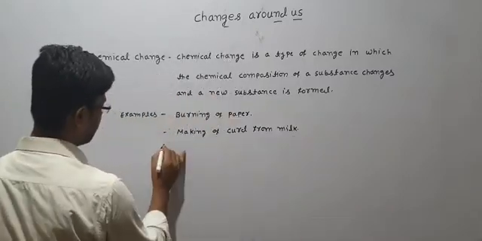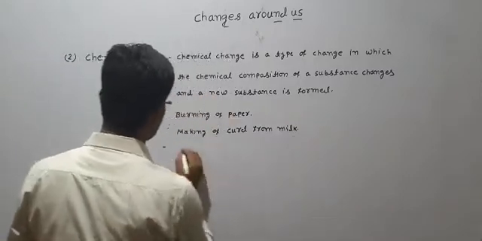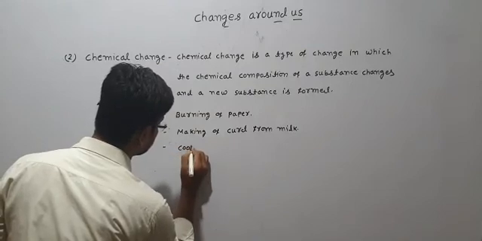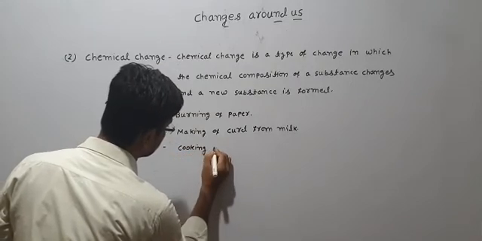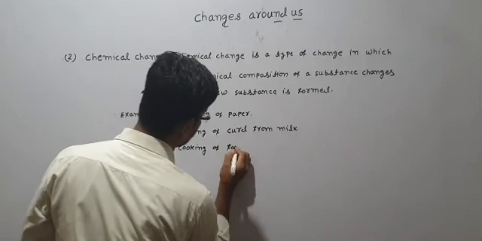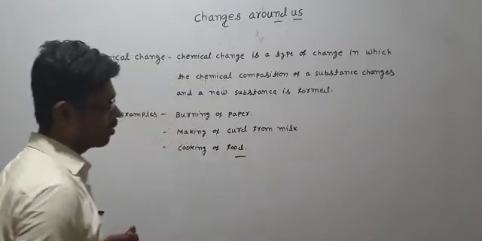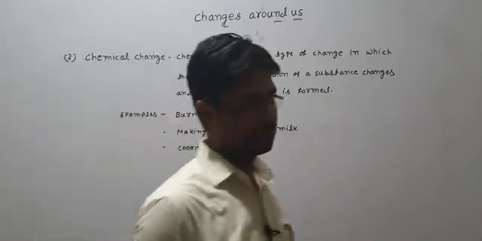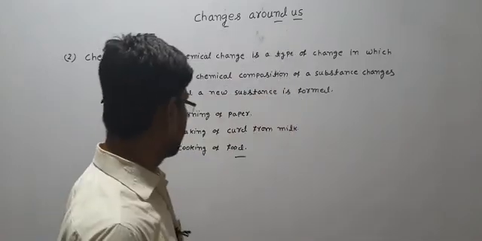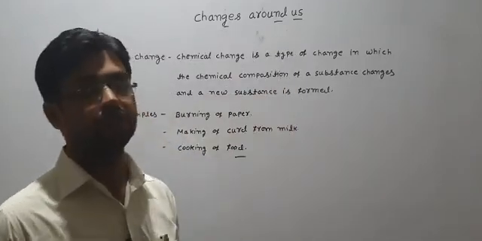So this one is a chemical change. Cooking of food. When you cook food, then obviously the vegetables change their properties. In that sense, cooking of food is a chemical change.